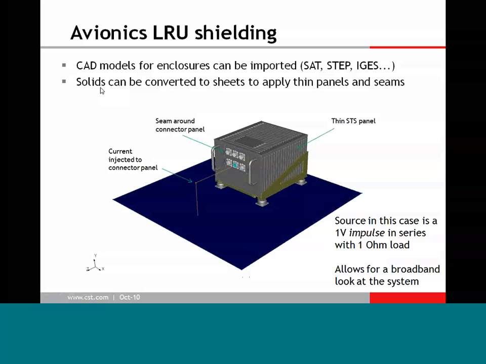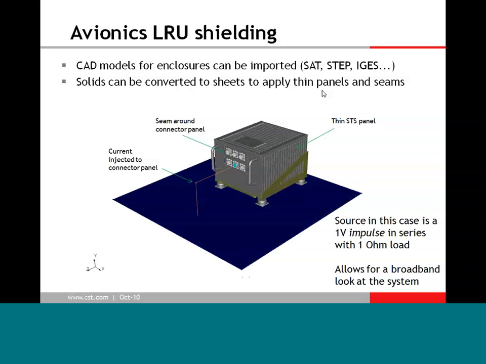One of the nice features we have in the Studio Suite is the ability to convert solid bodies into thin sheets. And that's important because it then allows us to treat those thin sheets as diffusion boundary conditions. So again, we do not need to mesh the thickness of the walls of the enclosure. We can use a special diffusion model to simulate the coupling to the inside of the enclosure.